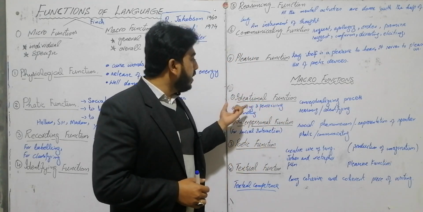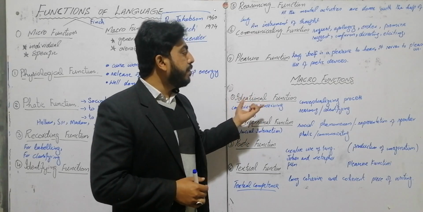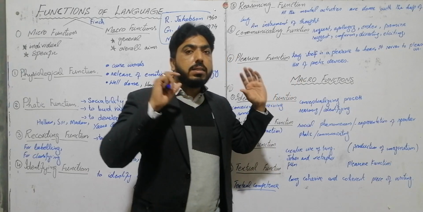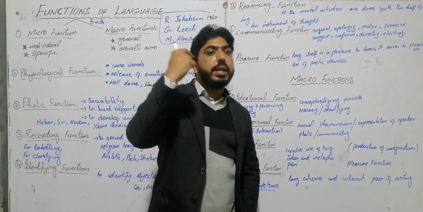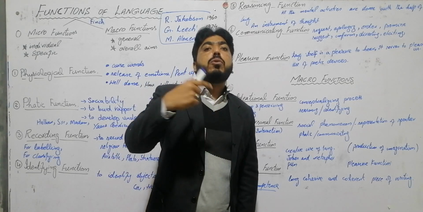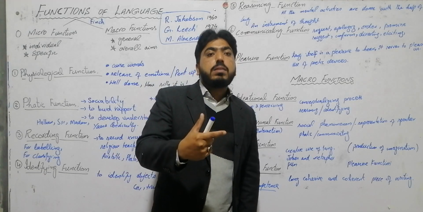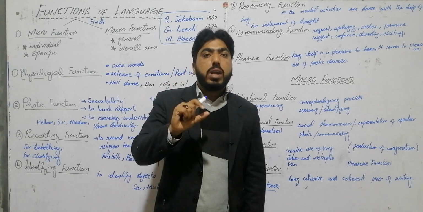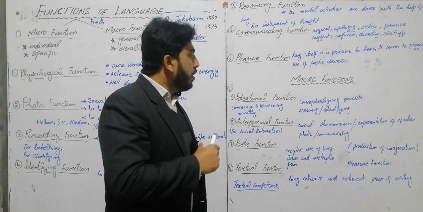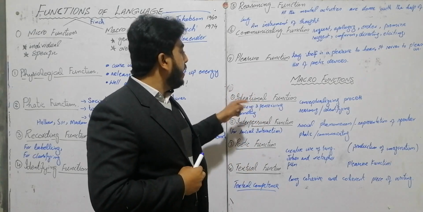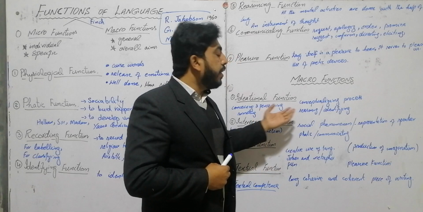For example, the ideational function refers to the conceptualizing process that is involved in different mental activities. Whenever we start thinking, just think about the thinking. If you start thinking about thinking, you would see that thinking is also done with the help of language. So there are many other micro functions which may come under the ideational function, like the reasoning function.